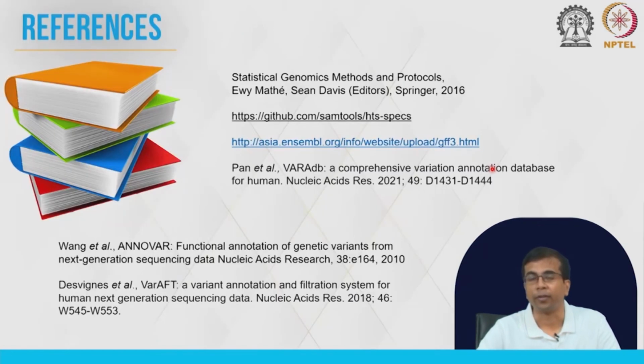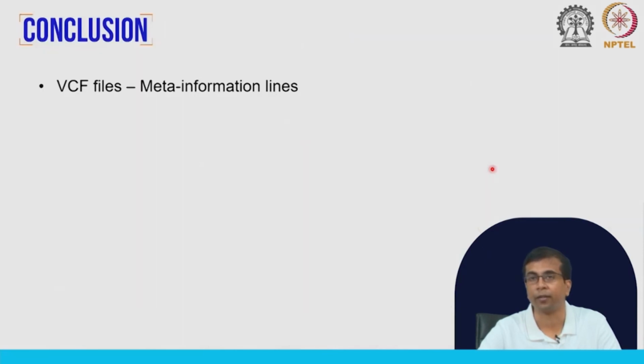Here are the references that we have utilized for this class. Just to summarize, we have talked about VCF files, the meta information lines, and the data lines, and what kind of information we get in them.